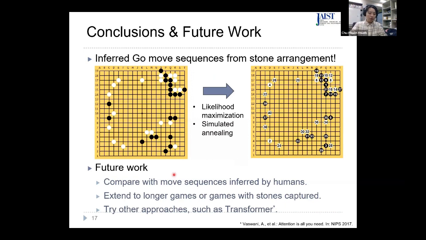And we want to extend to more complex problems, like longer games or games with stone captures. And we want to try other approaches like transformers, which are known to deal with sequence data well. But before that, personally, I want to apply these methods to infer some stone arrangements in Go comic books, like one very famous in Japan and also in Taiwan, Hikaru no Go.